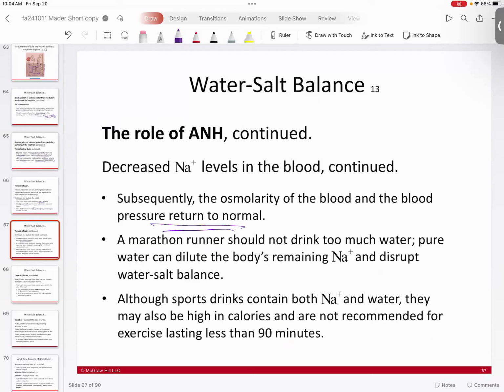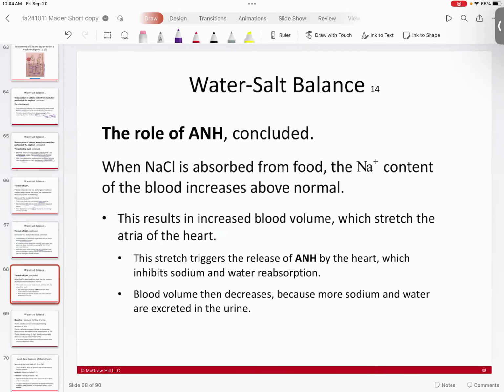Pure water can dilute the body's remaining sodium, so that causes a problem in the water-salt balance. This is the reason why sports drinks like Gatorade have electrolytes in them, sodium in particular. But they can have lots of calories and lots of sugar in them, so typically you don't want to use them unless you're working out for a long period of time.